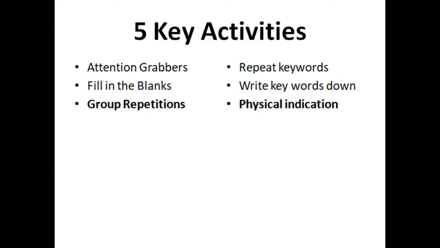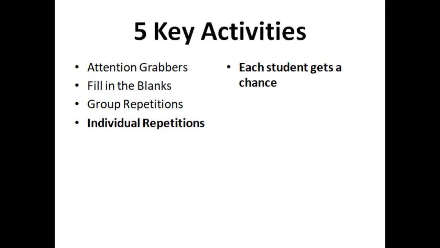You can also get the class used to repeating key words by using a familiar intro phrase such as, "And now at the top of page 63, lesson 4," or maybe something like, "Today we are studying blank," and then you'd wait for them all to repeat whatever you said. If they don't, you would give them a cue again, and this would begin their understanding of the new habit. This can also help to refocus the class if they start to get off topic.